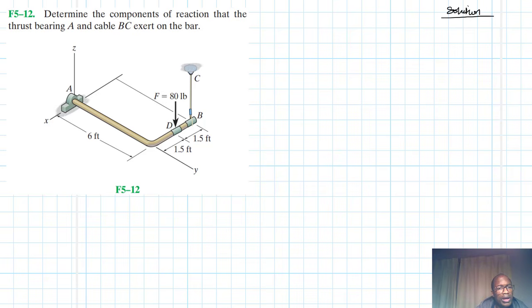So we have the reaction force AZ, but we also have the moment reaction. I'll denote it by double arrows like so along this direction.